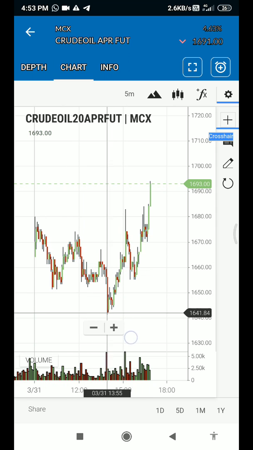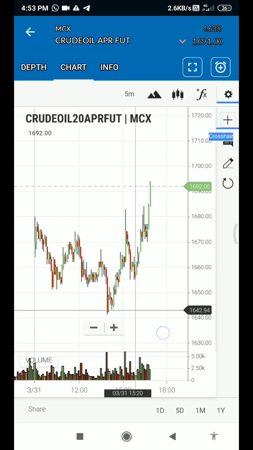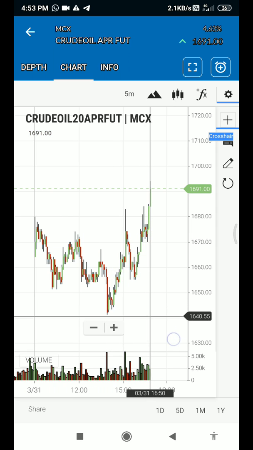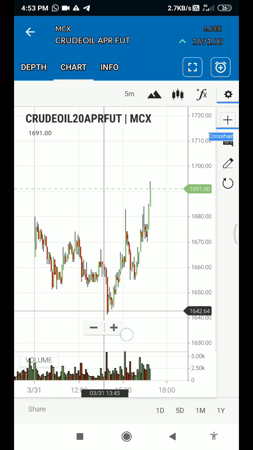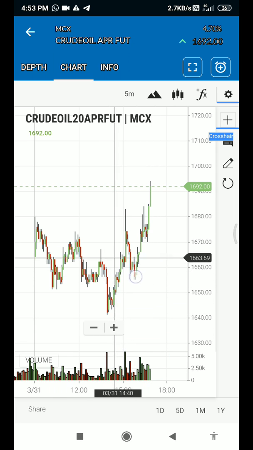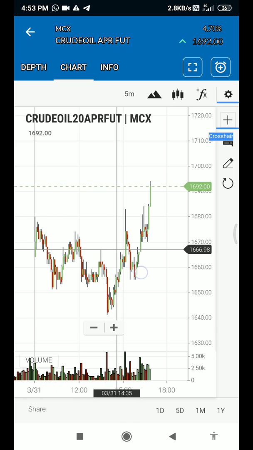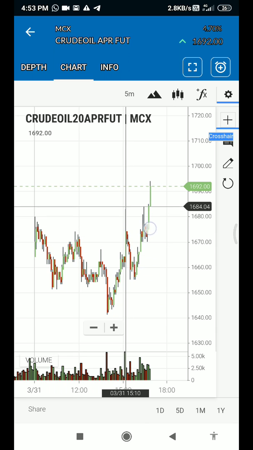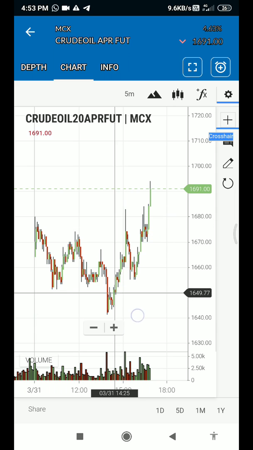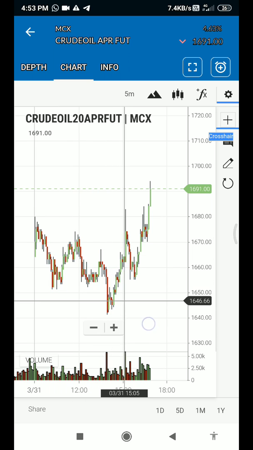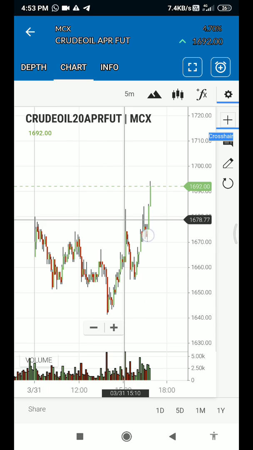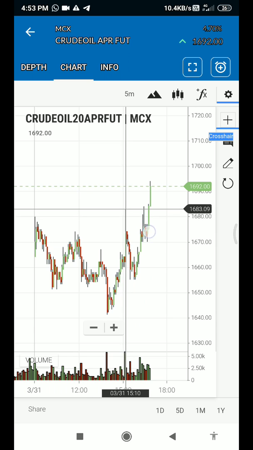Now if it breaks this lower low again, we can expect the market to fall further, but instead it went on to break the lower high to form a kind of a bullish sentiment. From the morning it was a bearish sentiment, but after 3 o'clock it changed its sentiment to bullish.